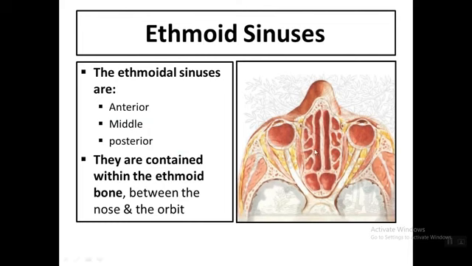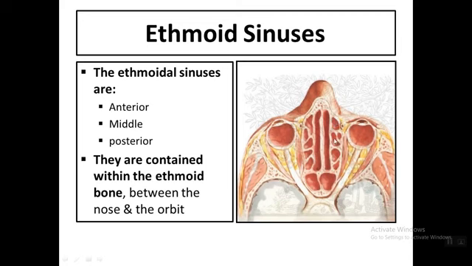We can see that there is a thin plate of bone that separates the ethmoid sinuses from the orbit. So infection can spread from the ethmoid sinuses, if there is sinusitis, into the orbit cavity. The anterior ethmoid sinus will drain into the middle meatus.